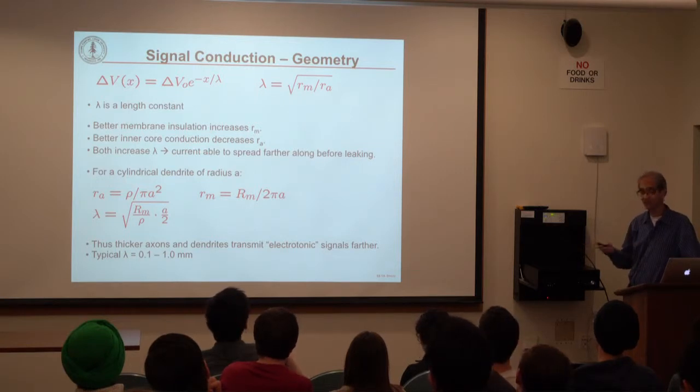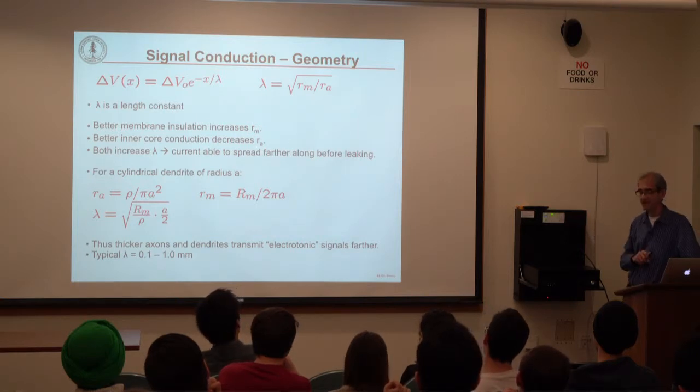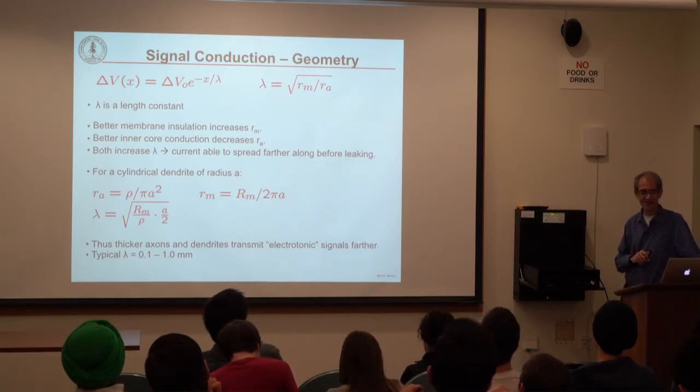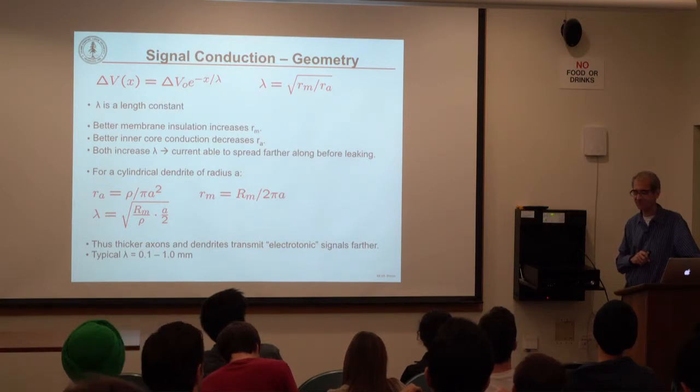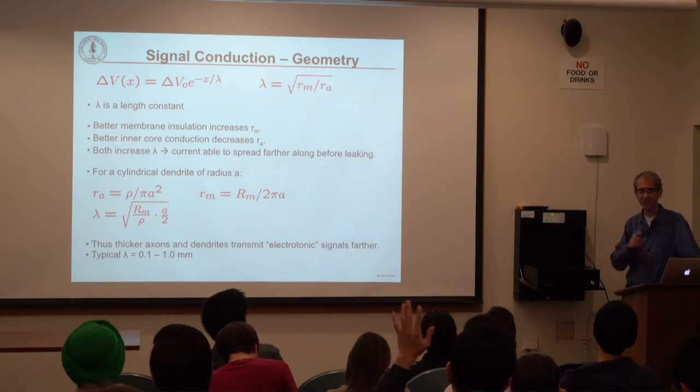Another good thing to do would be to have a better inner core conduction, because that would decrease Ra. Okay? I don't know how to do that. But if you had it, it'd be better, right? It's better to have gold wire, right, than, I don't know, what's some bad conductor? I don't know, glass, total insulator.